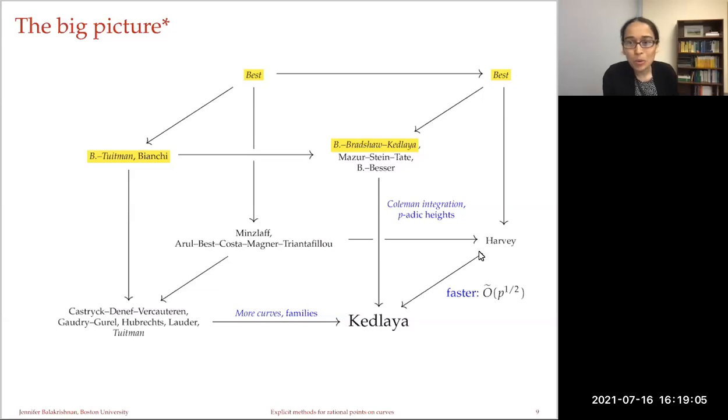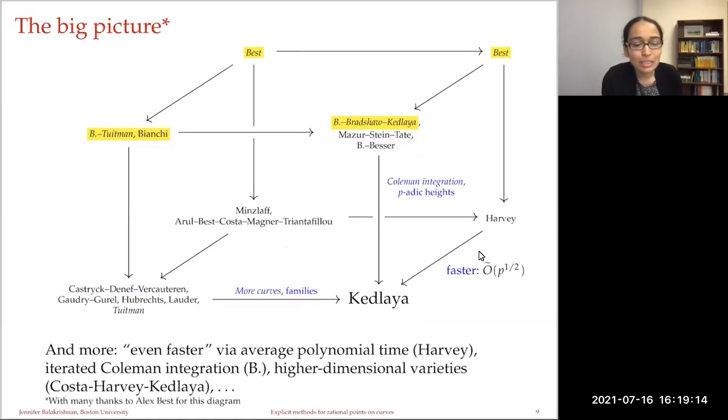Now, there's also more that we could say, though I only have these three spatial dimensions and I didn't have the space to add these things. But just for those that are interested, one can do even faster zeta functions and hopefully extend this to Coleman integrals and so on via the average polynomial time algorithms of Harvey. There are extensions to iterated Coleman integrals. Coleman gave iterated versions of all of his theorems, and I gave an algorithm to do this for hyperelliptic curves.